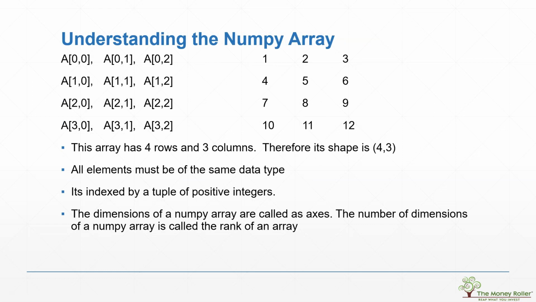Okay, so what is a NumPy array? That question must be bothering everyone, isn't it? So for that reason, this right here, okay, this is how a NumPy array looks.